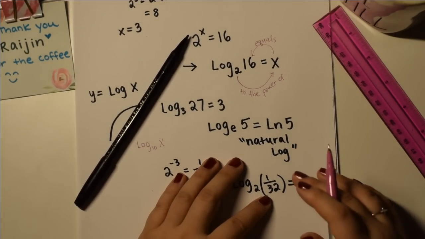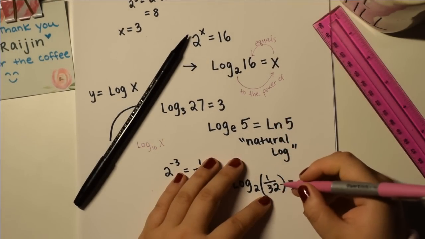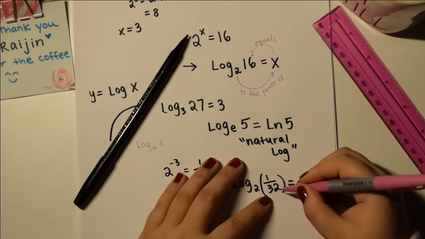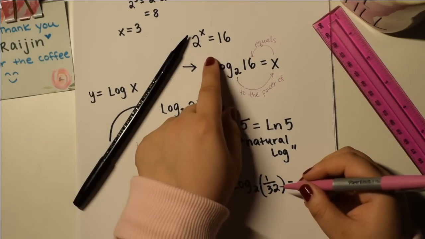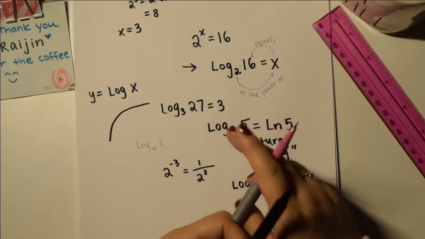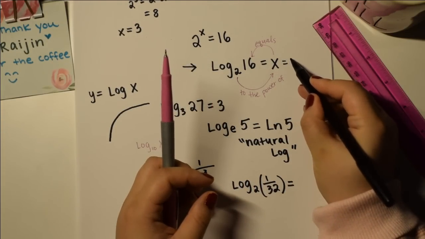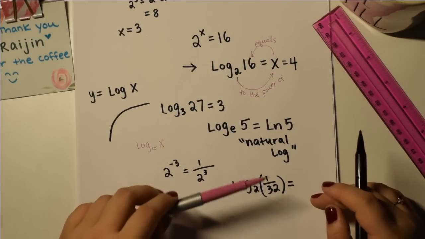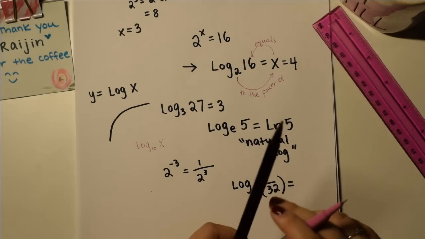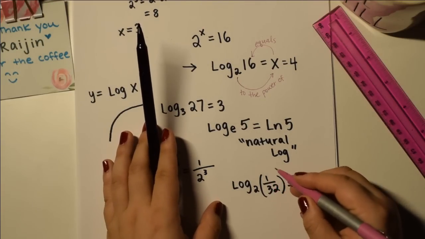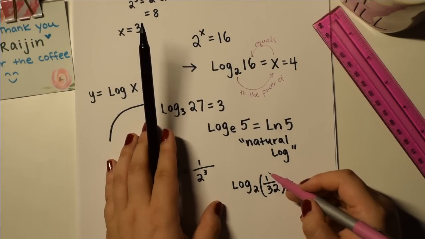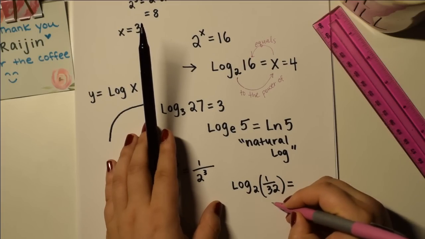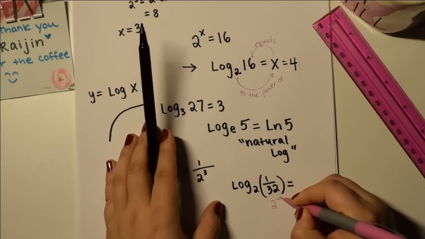And I may or may not recognize 32 is actually 2 to the power of 5. We actually just did 2 to the power of 4 is 16, so 16 times another 2 would be 32. So 2 to the 5th is 32. 1 over that is actually 2 to the -5.